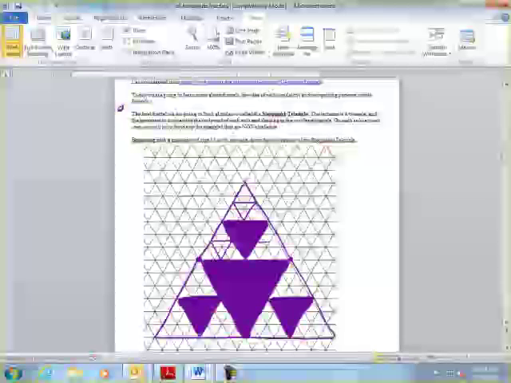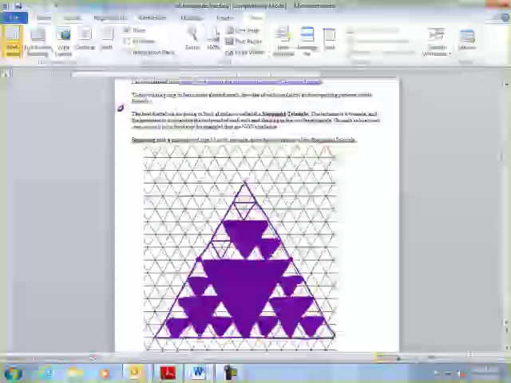Since our triangles at this point have side length 3, we need to cut them up at the 1.5 point. And so this is what it would look like after 3 iterations.